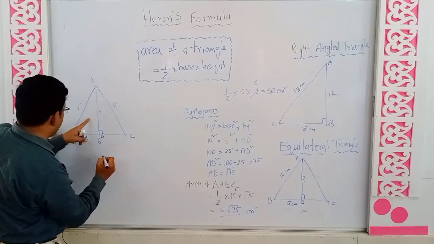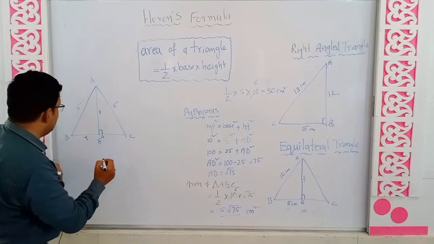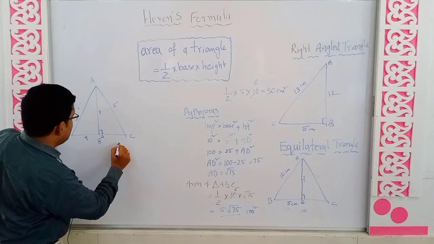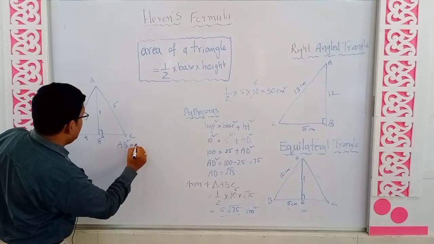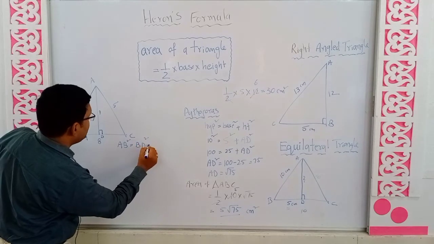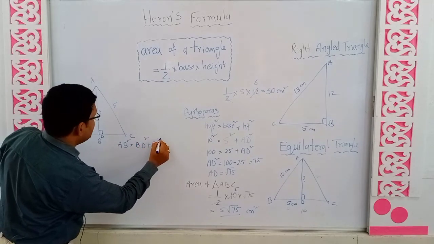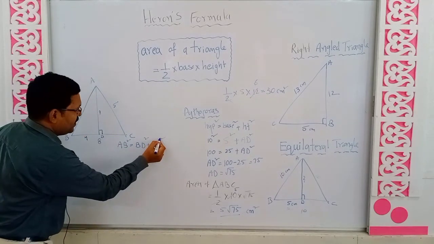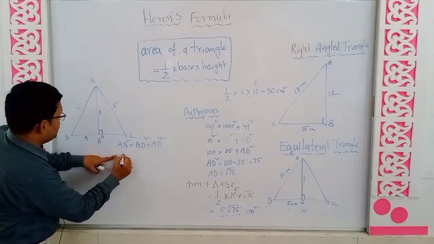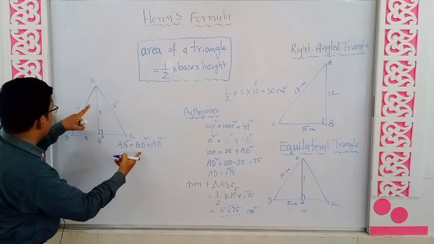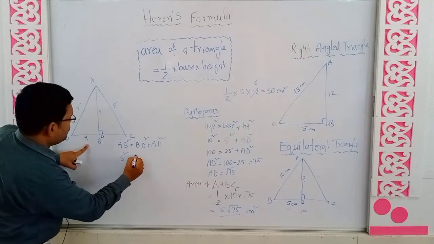As per the Pythagoras formula in this triangle ABC, what is that? Tell me. AB square is equal to BD square plus AD square. What is AB square? 5 square. Very good. What is BD? 4 square.